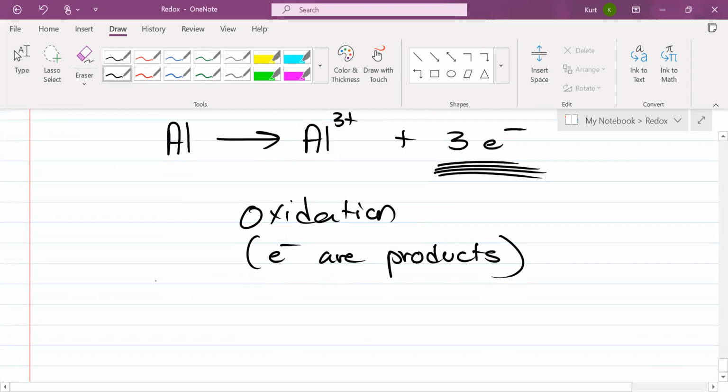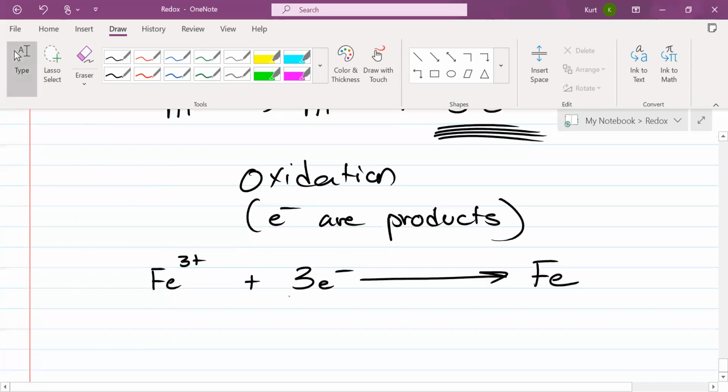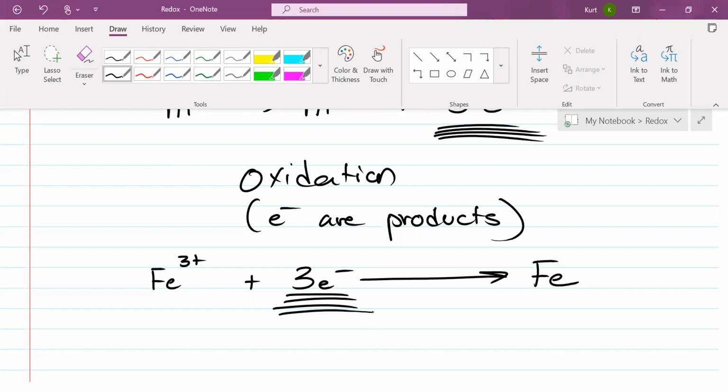And then vice versa. The electrons here, are they reactants or are they products? They are reactants. They're on the left side of that arrow. Does this mean that they are entering the reaction or are they exiting the reaction? What's another way that you could say that they're entering?